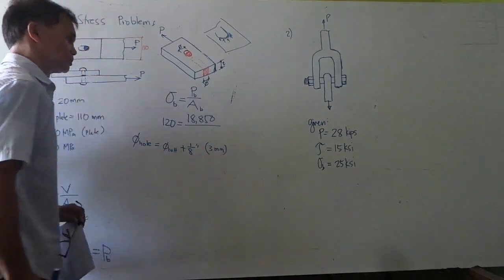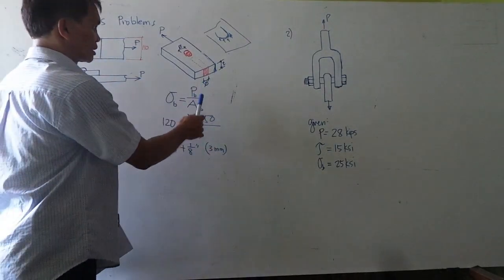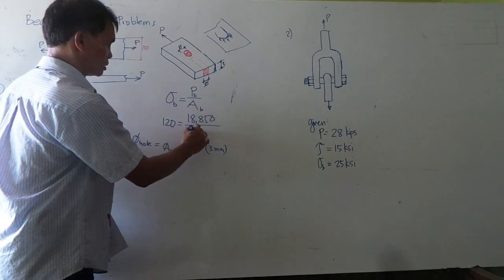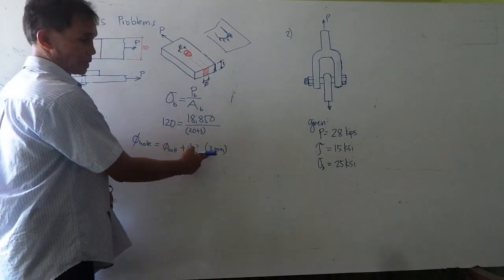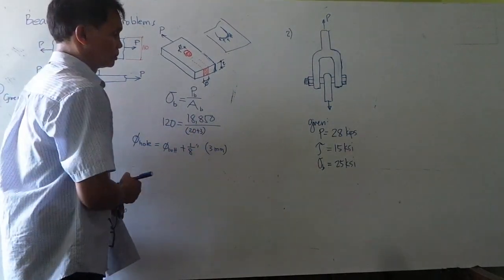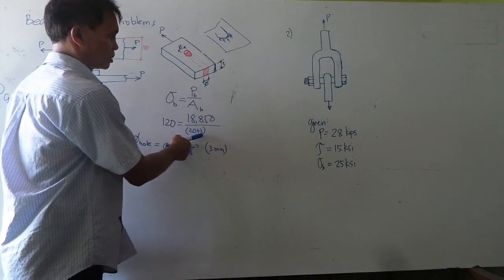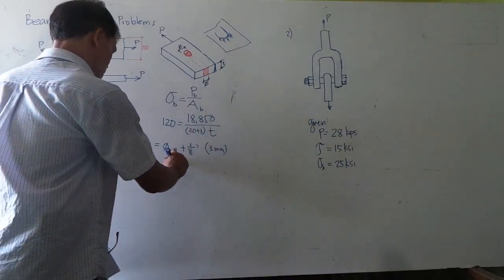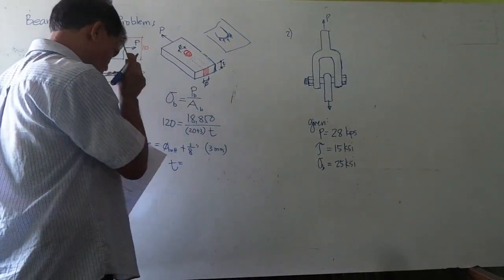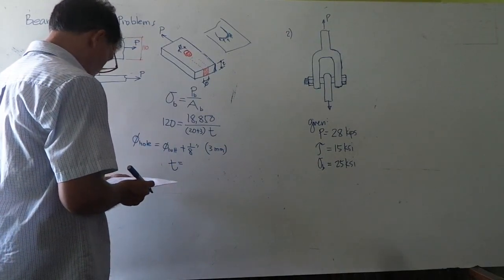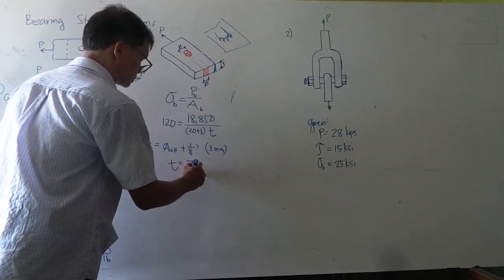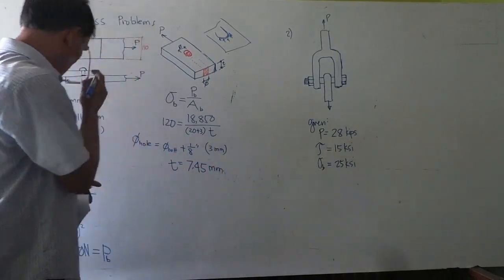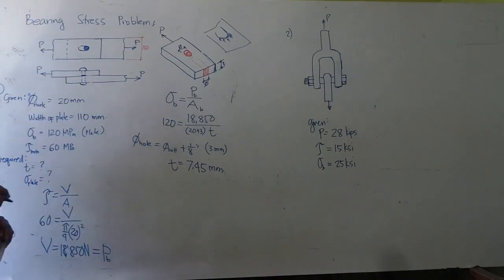The diameter of our hole now becomes 20 plus 3 mm. Diameter of the hole times the thickness gives a thickness equal to 7.45 mm.